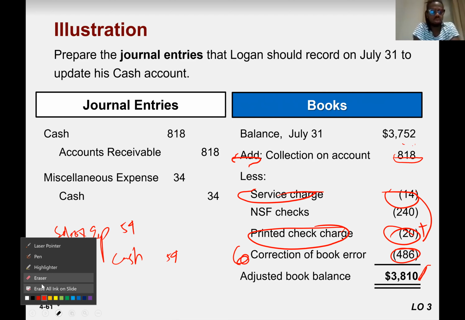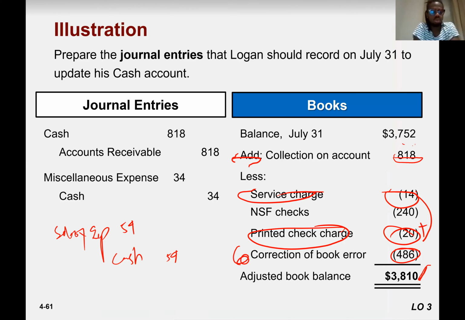So how much didn't you record? 486. So same entry: salary expense 486 to cash. That was the point that I was curious to explain. It's not like that.